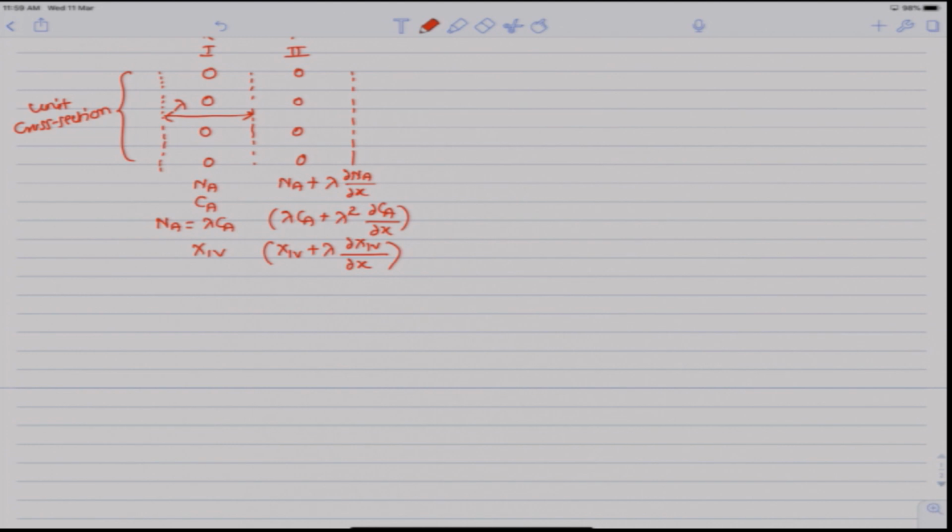So, if I denote the number of atoms jumping from plane 1 to plane 2 per unit time as J A 1 to 2, that would be equal to the jump frequency of atoms A, and this I am considering again including only the migration part, times once the atom has the required energy to jump, the next site also has to be vacant.